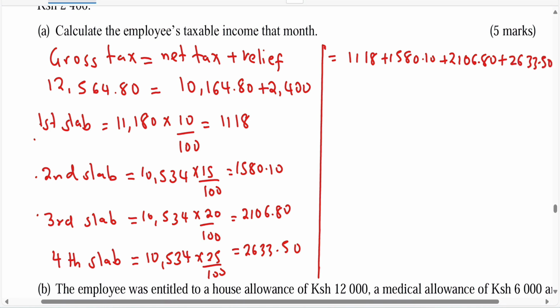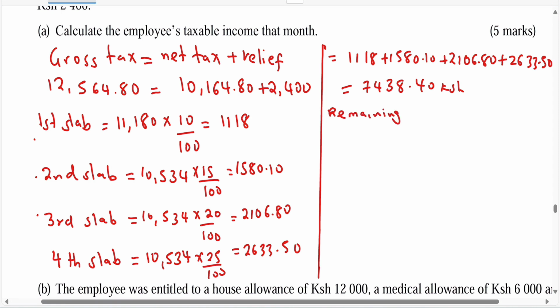And if you use your own calculator, how much do you get? And if I confirm using my calculator here, it should give me 7,438.40 Kenyan shillings.